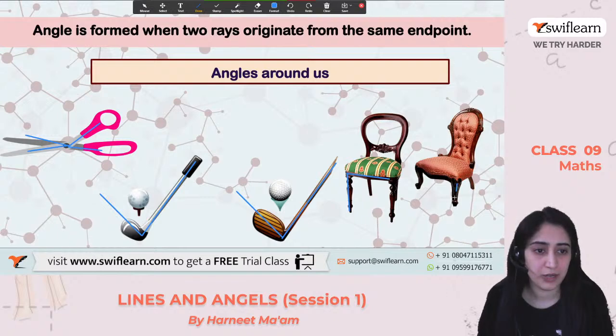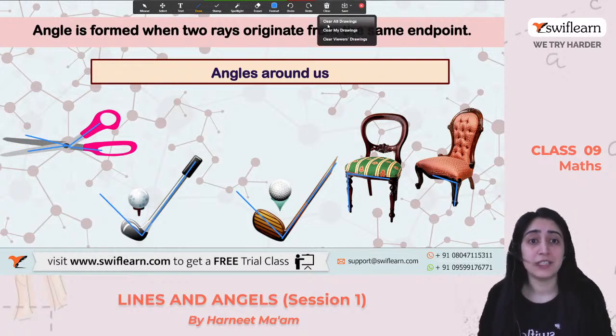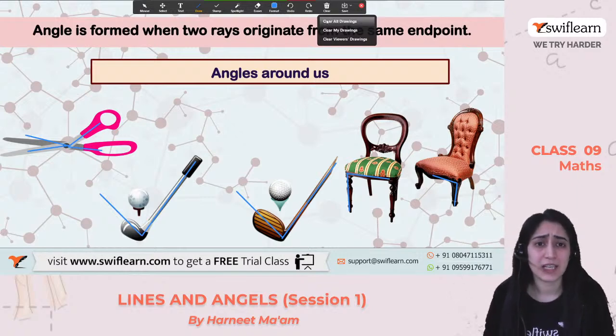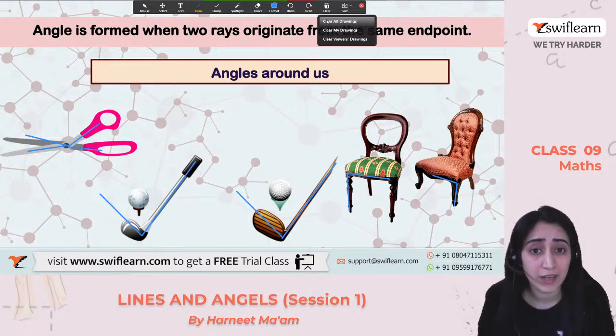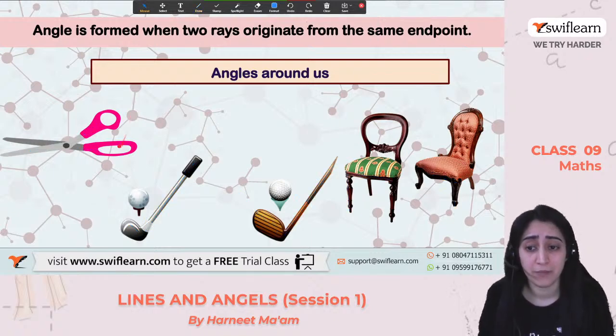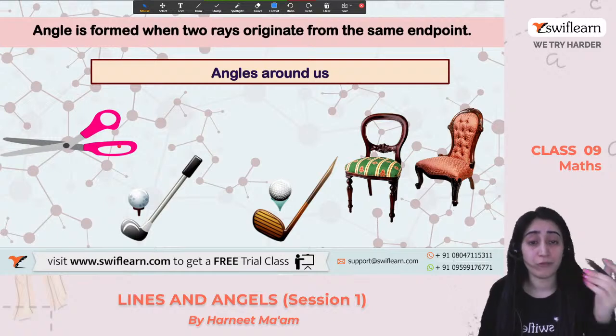Can you find the similar way of doing it here? So this is forming an angle. So today we will see that the angles are all around us. All the furniture, all the scissors, all the things that have been made, they are a form of an angle. Even the straight pen which we are using is a form of an angle. Let's see how.